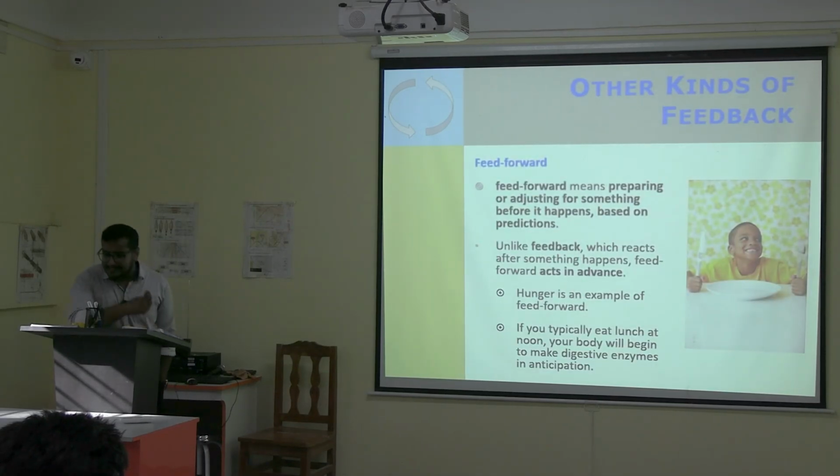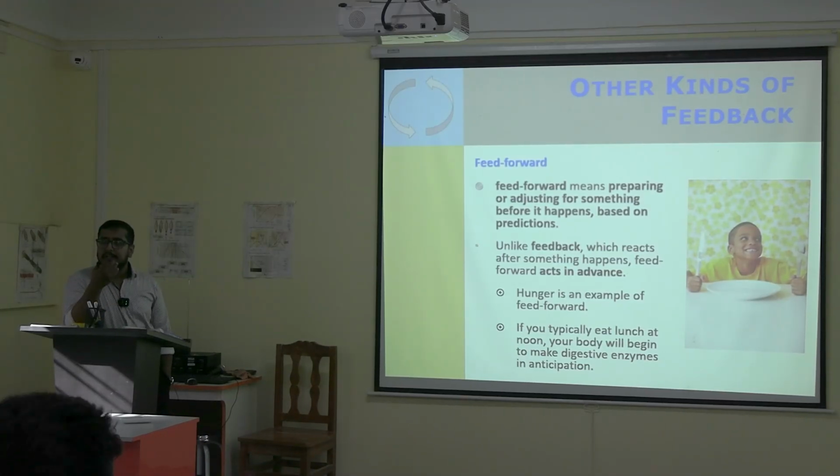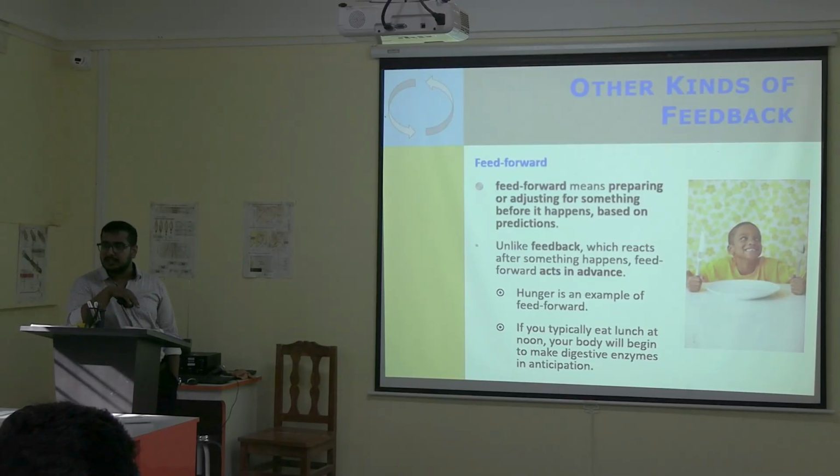Now, this is the third mechanism, which is feed forward. So the feedback mechanism, when there is a change, stops it and brings the body back to the physiological condition. Then the positive feedback mechanism exaggerates the response, which is necessary.